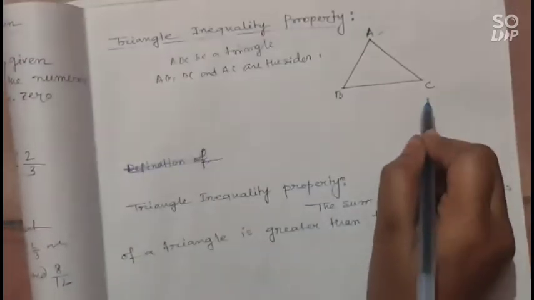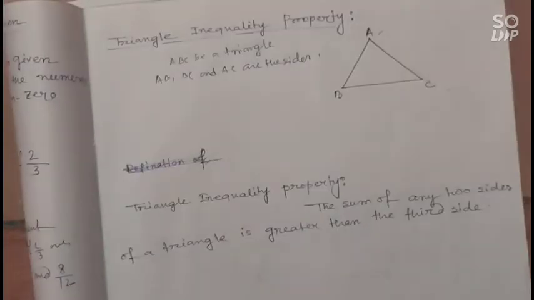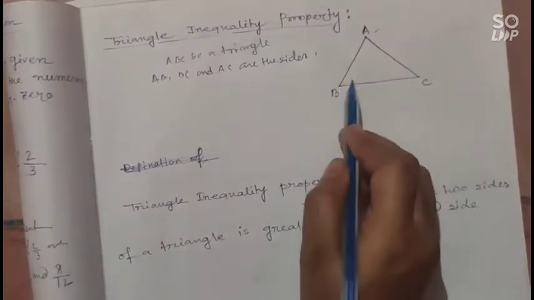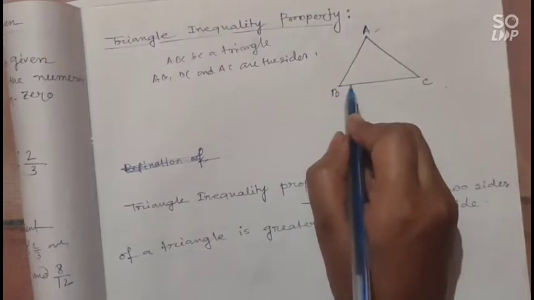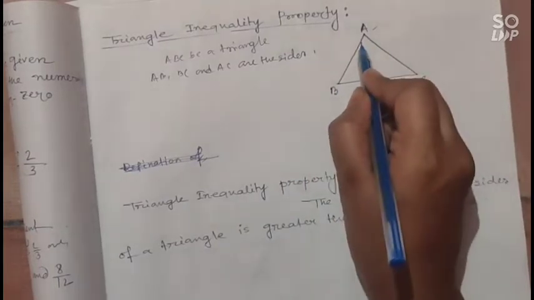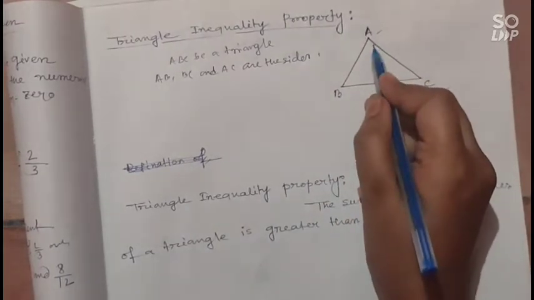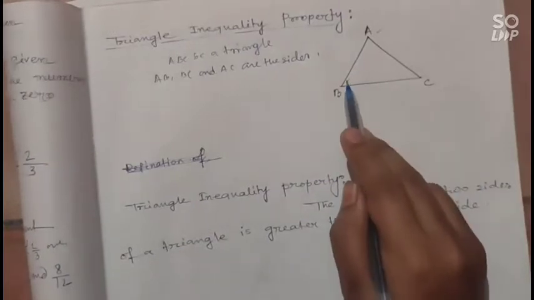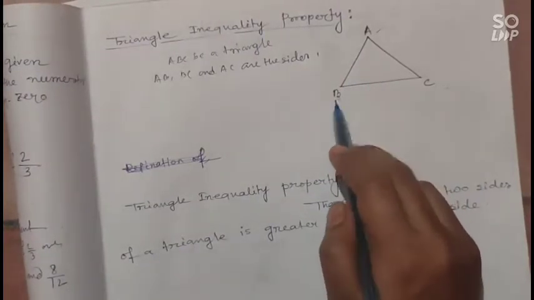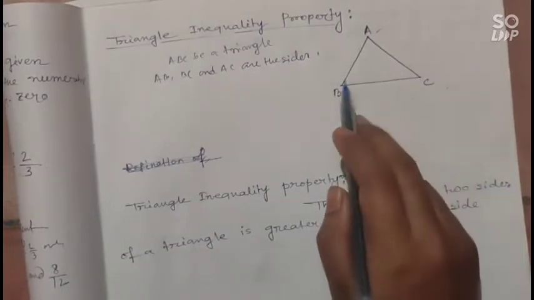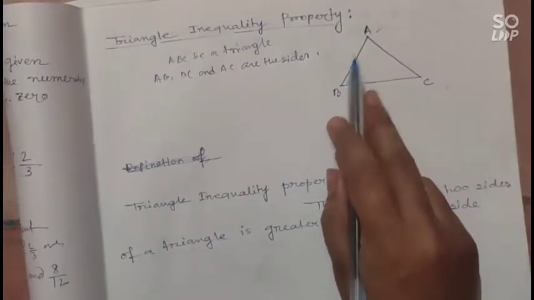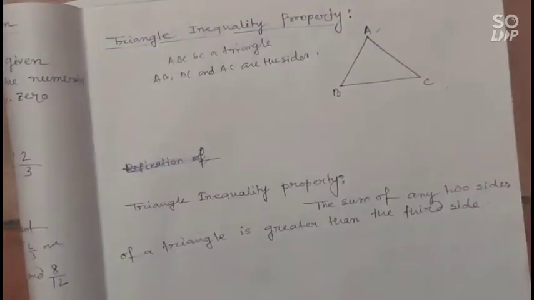A, B, C. A triangle has three vertices, so each side has an opposite vertex. What is the opposite vertex of BC? A. Can you tell me the opposite vertex of AC? B is the opposite vertex of AC. And C is the opposite vertex of AB.